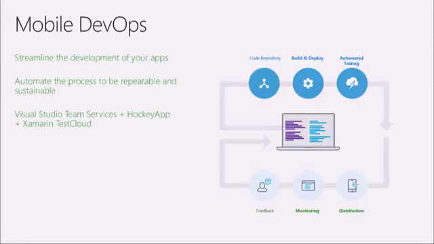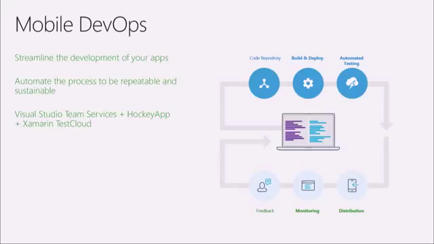DevOps is about iterating quickly over your product and bringing it from idea to a real product out there in the world. And all of this while keeping a very high quality bar, moving fast, iterating quickly, and getting this to be an automated process. When we look at the mobile world, things are a bit more complicated than the traditional DevOps process, because we see so many devices, especially in the Android world.